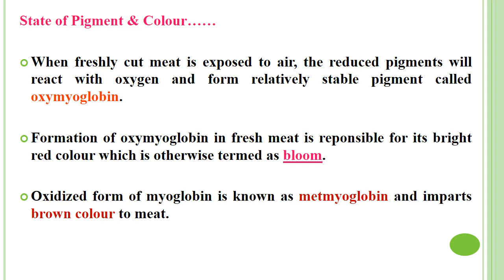This is the desirable color due to the formation of oxymyoglobin, and this bright red color is preferred for fresh meat, and that is called bloom. Whereas the oxidized form of myoglobin, as I told, is metmyoglobin, and that imparts a brown color which is not attractive and not desirable. This is due to the oxidation of iron in the heme, making it metmyoglobin.